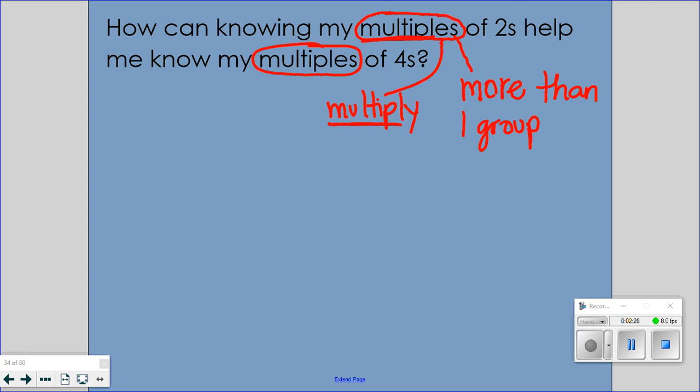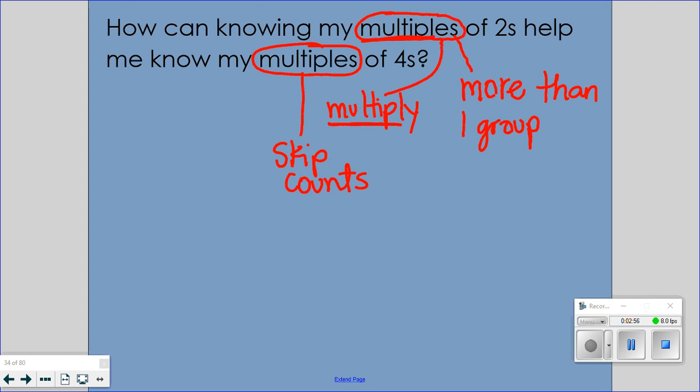When I say multiples, Jalen, you want to add on? Maybe skip count. That's exactly what I was going to say. Get out of my brain, Jalen. These are our skip counts. So any number that I can skip count by 2's is a multiple of 2. Any number I can skip count by 4 is a multiple of 4.